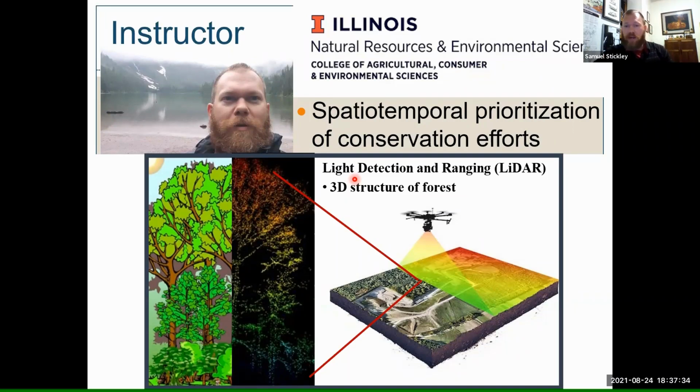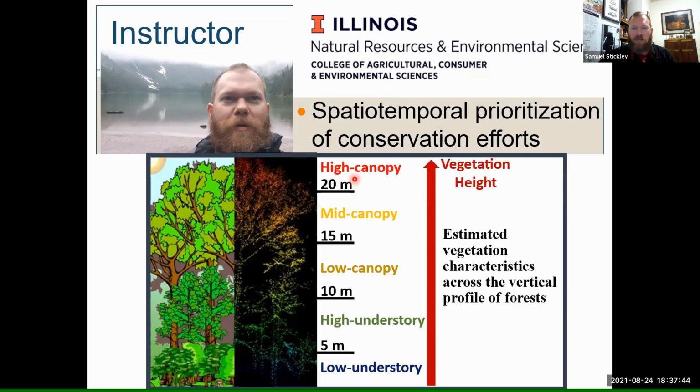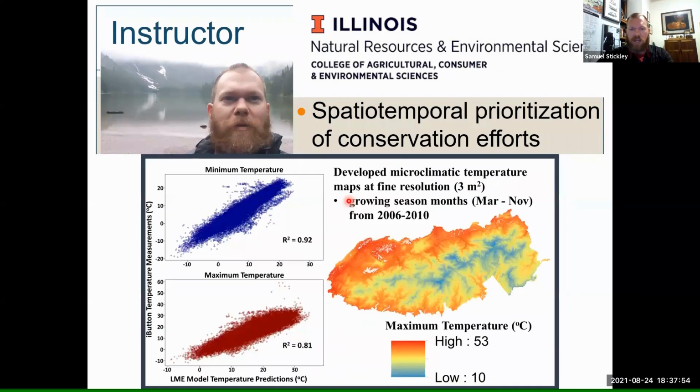I used a lot of different GIS data. I also used 3D data, which we'll talk a little bit about in this course, called LiDAR, light detection and ranging. I used that to develop vegetation structure characteristics in Great Smoky Mountains National Park. And then I was using those data sets to help predict microclimatic temperature.